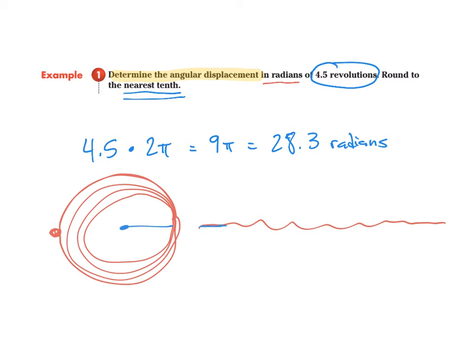So there'd be a radius and a radius and a radius, 28 times and then a little bit extra, to be the same length as a turn of 4.5 revolutions. That's what we're calculating in terms of displacement. We're trying to find out how far, in terms of angular displacement, we've traveled with 4.5 revolutions.